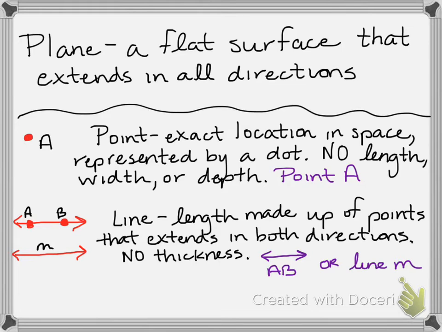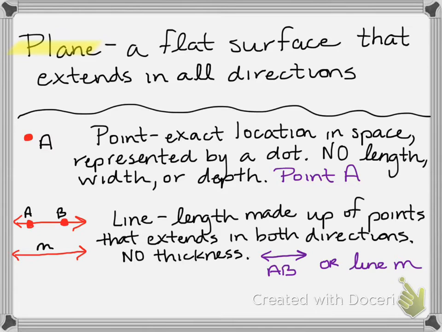All right, the basis of geometry is a plane. I want you to think about a piece of paper, a flat piece of notebook paper or copy paper, and think about it being stretched like putty forever and ever in all directions. So a plane is like a flat surface that never stops. It just extends forever and ever.